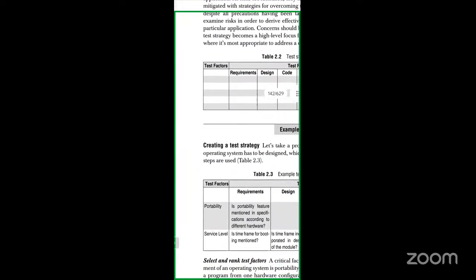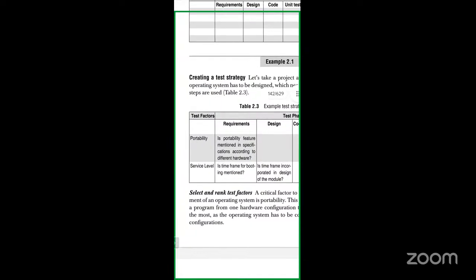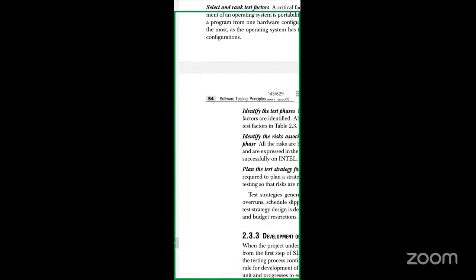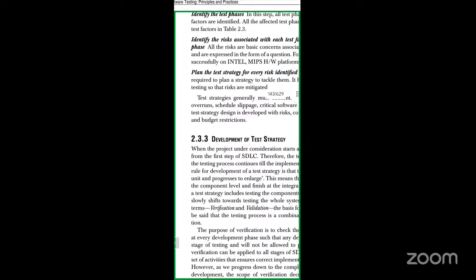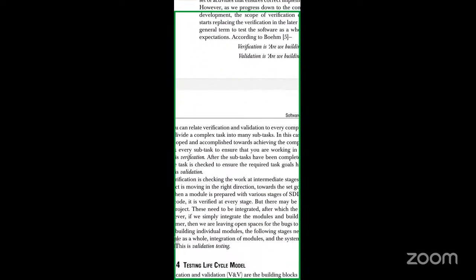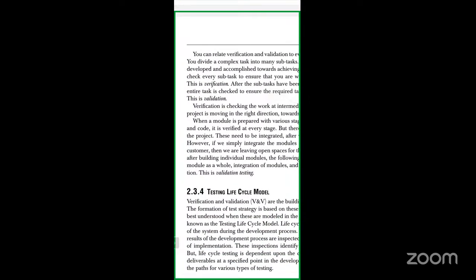Then we create a test strategy, and there we give the probabilities of each and every phase, starting from the requirements phase to the deployment phase. Then we will be seeing the development of this test strategy, how it is moving from verification to validation, and how it is coming out for the users.